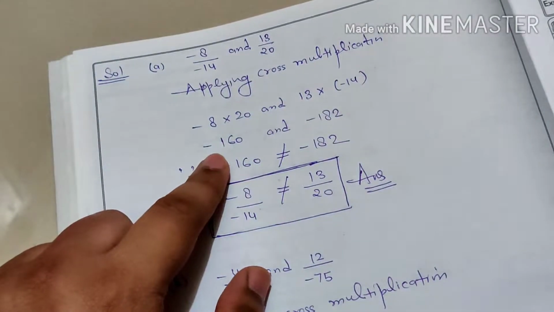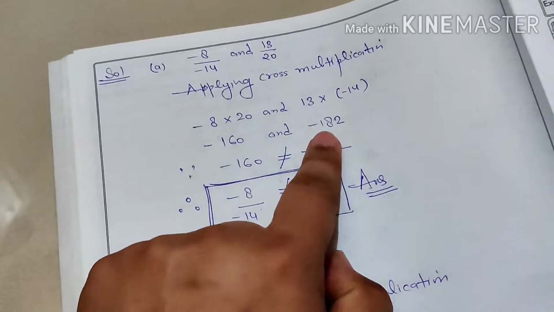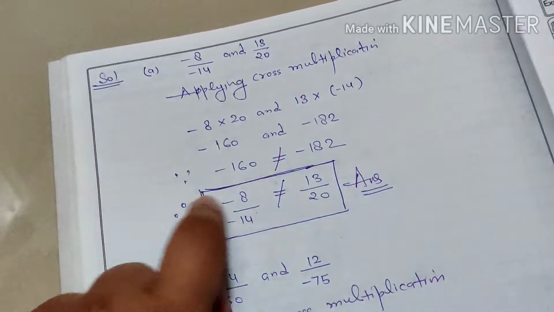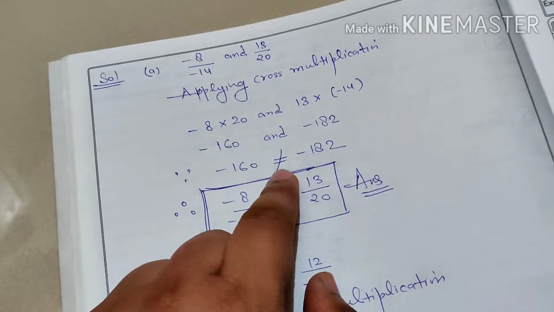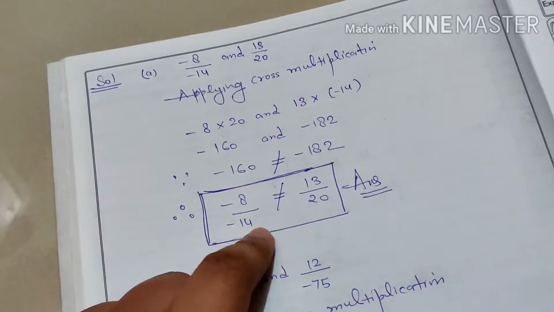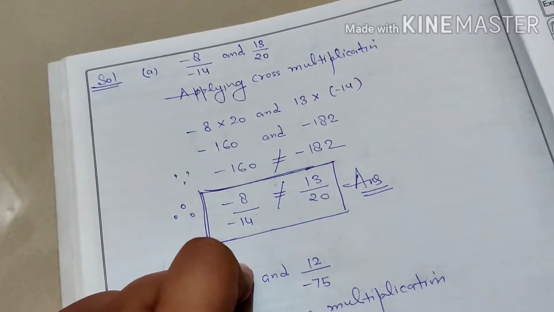So what is the result? Minus 160, and this is minus 182. Since these are not equal, by writing the original form of the rational numbers, these two rational numbers are not equal. Understood?